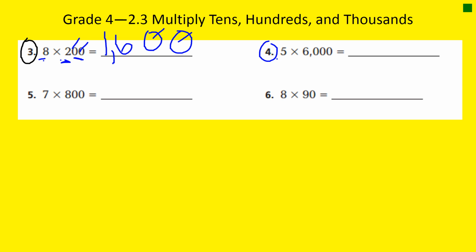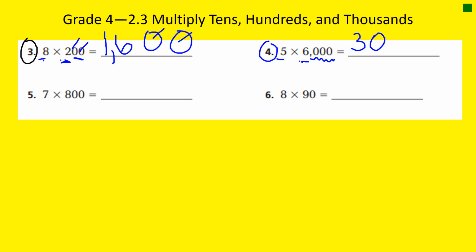Let me read the problem first. 5 times 6,000. I know that 5 times 6 is 30, but this isn't 5 times 6, it's 5 times 6,000.